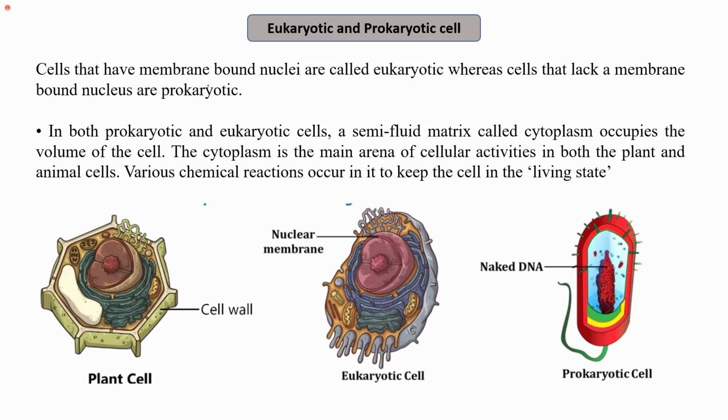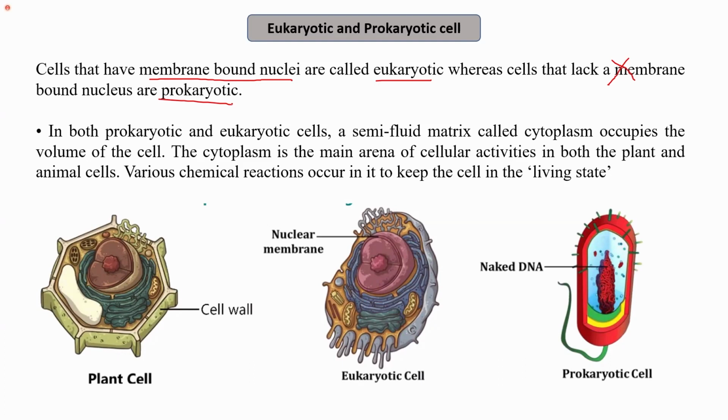But what exactly is a prokaryotic cell? Basically, we know that a cell is defined by a membrane. The cells that have membrane-bound nuclei are called eukaryotic, whereas cells that lack a membrane-bound nucleus are prokaryotic.